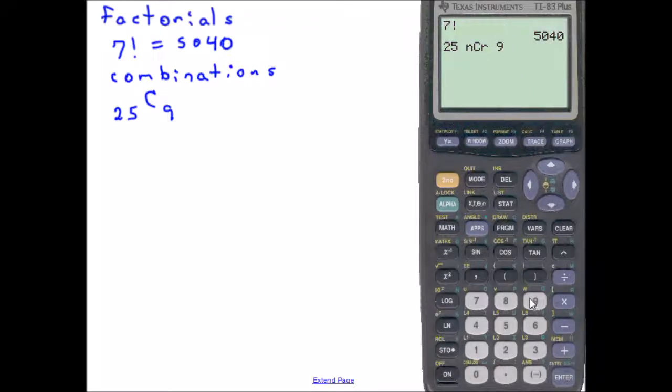Then enter in that 9 and you see 25 nCr 9. Enter. And you can read off that value. 2,042,975.